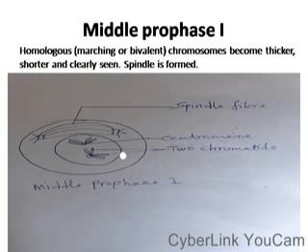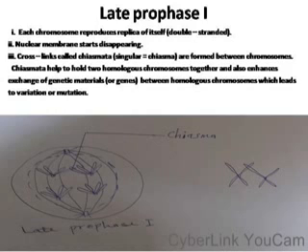Then the late prophase I, you can see that the nuclear membrane will start disappearing. In the late prophase I, each chromosome reproduces a replica of itself. That is, it becomes double-stranded.